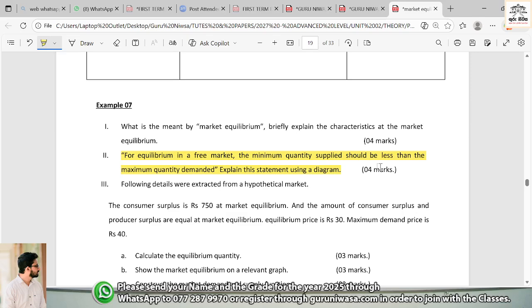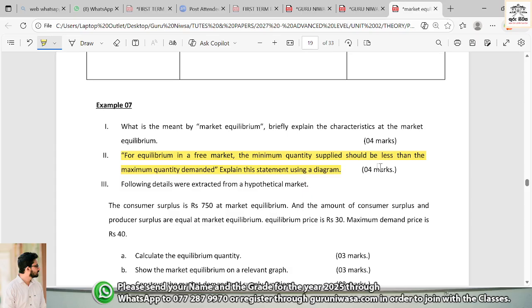Anuli, any idea? Yes, sir. Yes, Daru, any idea?